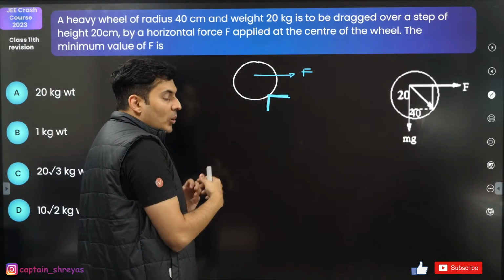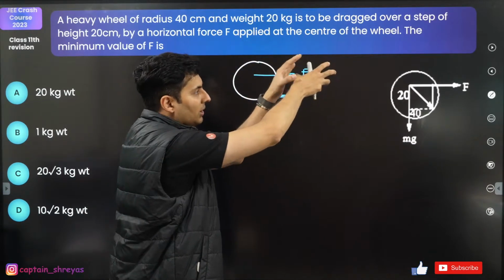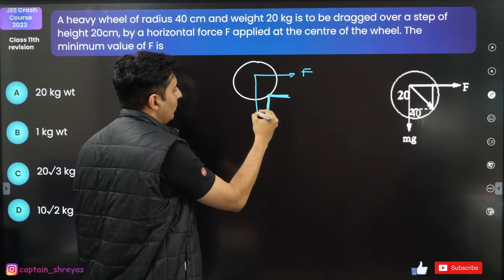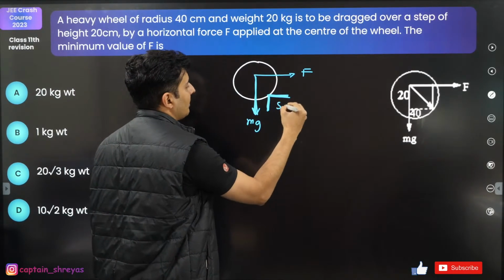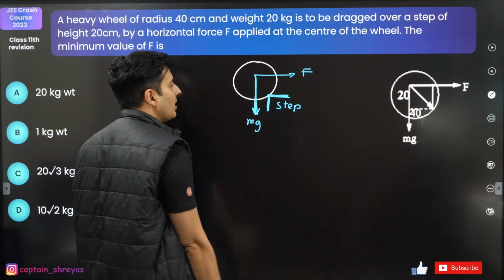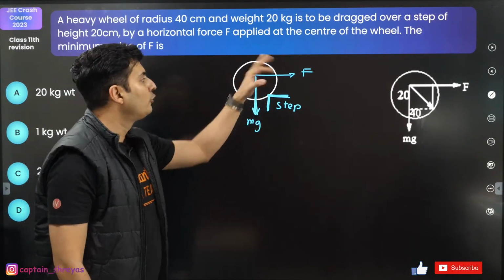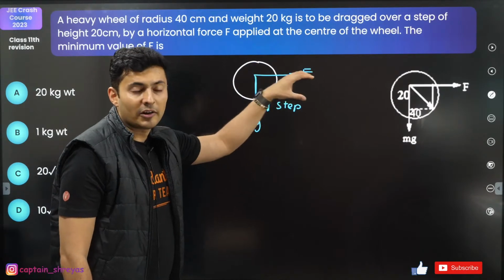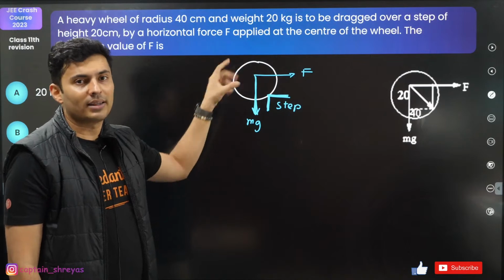Now see who is helping and who is against it. This force is trying to pull it up, but the weight is trying to pull it down. This diagram is not so clear, so I'm making a very clear diagram. Force is giving a positive torque, mg is giving a negative torque against the climbing up motion over the step.